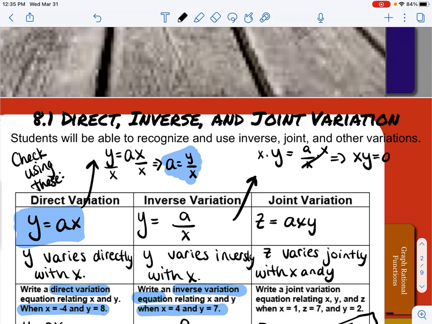This means to check for inverse variation, the a's must all be the same when x is multiplied by y. Notice once again, the inverse variation equation is division. To check, it is multiplication.